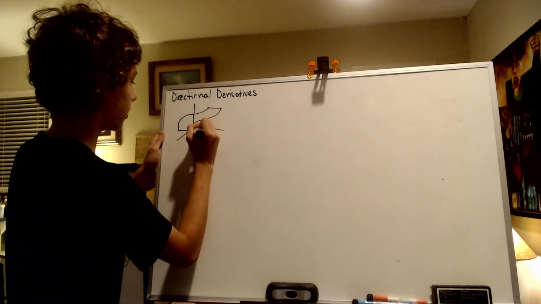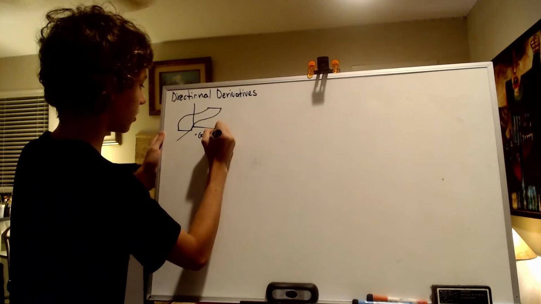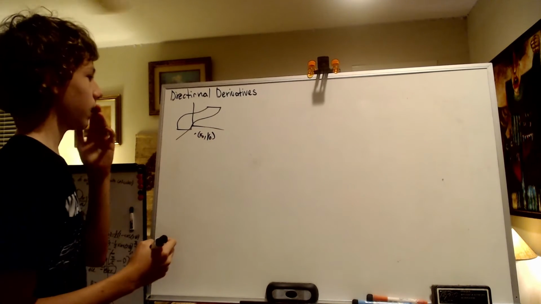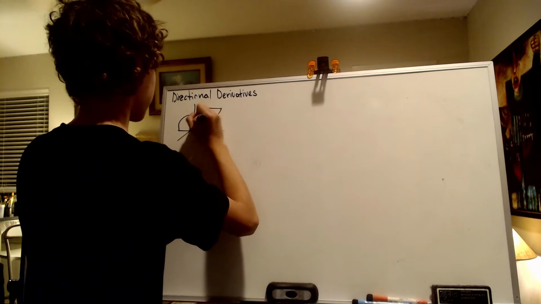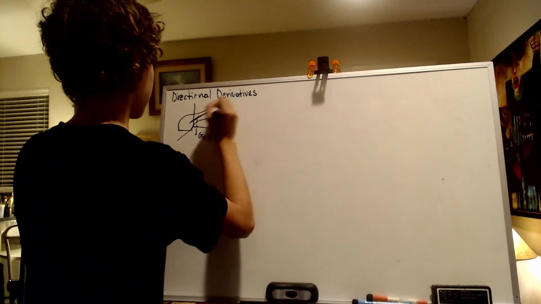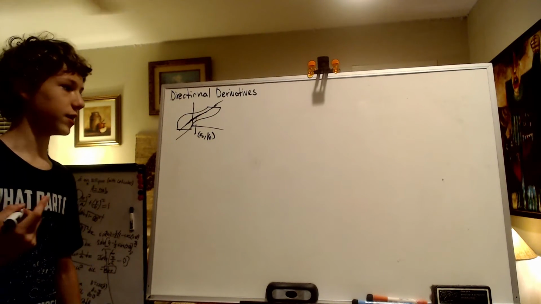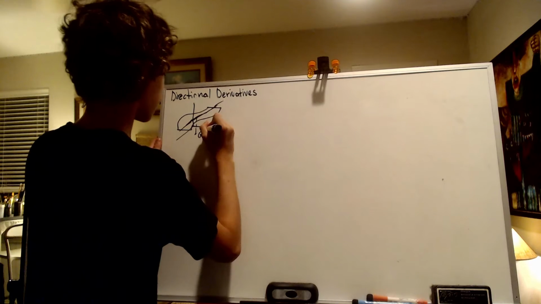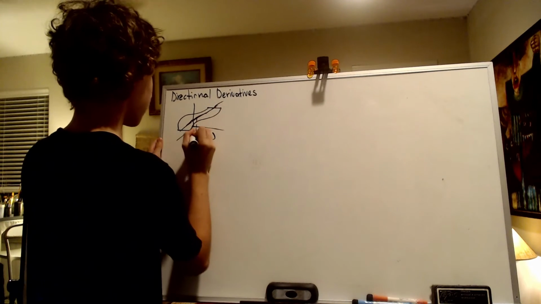So at some point x naught, y naught, again we have the slope. And first we'll think on a non-infinitesimal scale. So how would we find the slope between two points here?